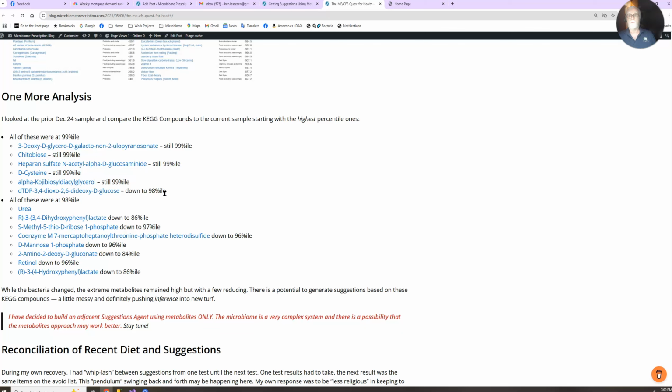In other words, although his bacteria shifted, his metabolites did not. Those are the chemicals which often are actually producing the symptoms. The bacteria don't produce the symptom; the chemicals being produced by the bacteria produce the symptom. So only one went down. Looking at the 98th percentile, we actually had better luck. More went down, but all of them were basically high.